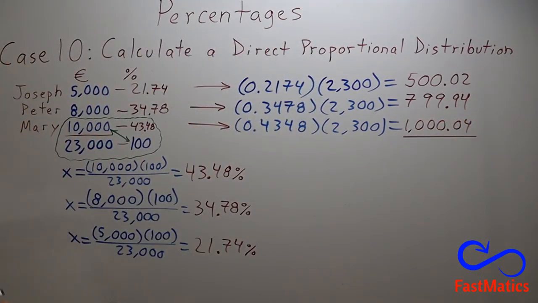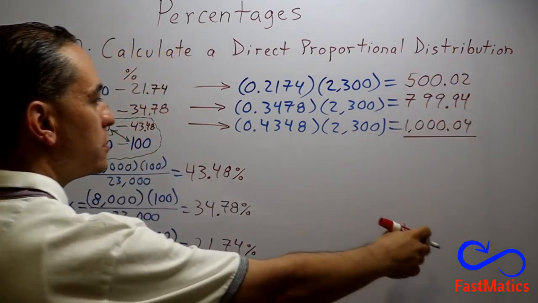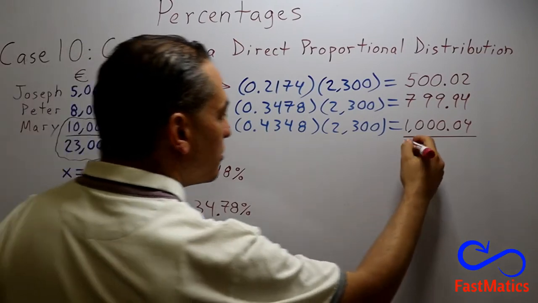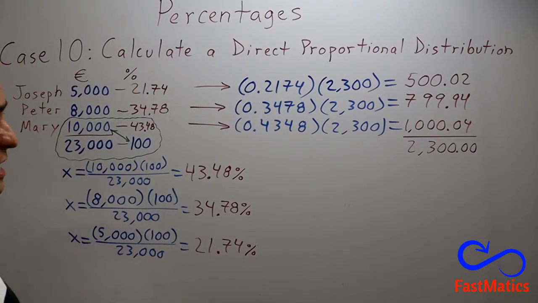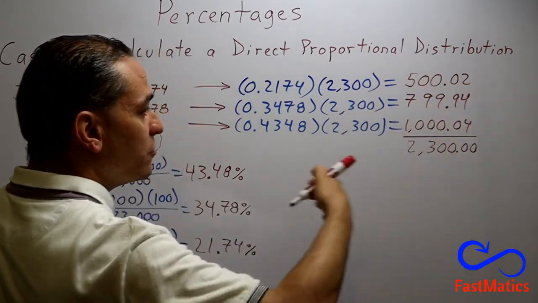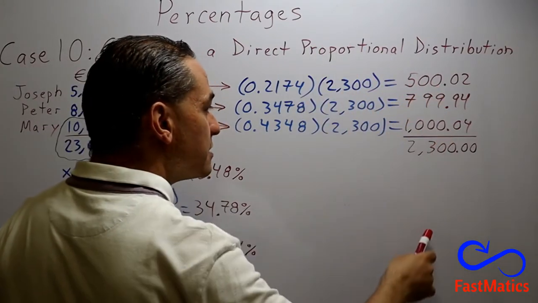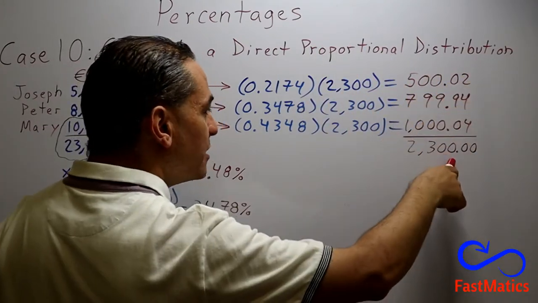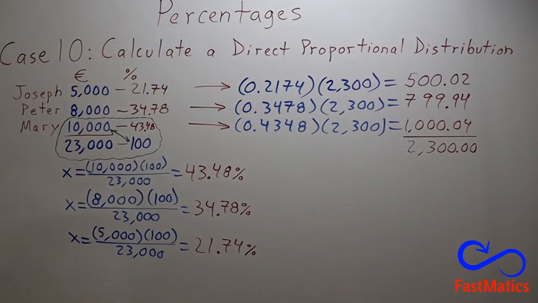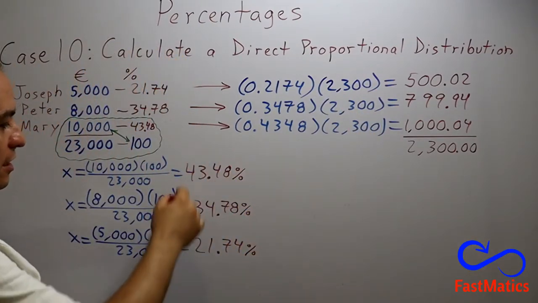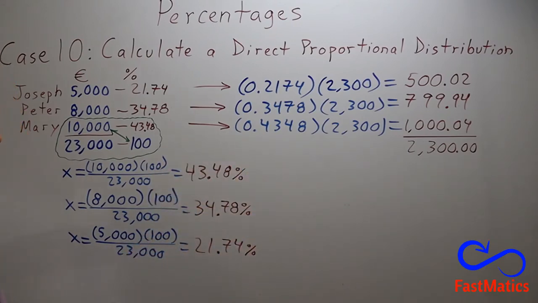But wait, it is very important to verify that the addition of those numbers is 2,300 euros. Always, always, always. You have to verify that if you share money, if you distribute money, those quantities are adding the money you want to share. It is logic. And also you want to verify that percents are adding 100%.